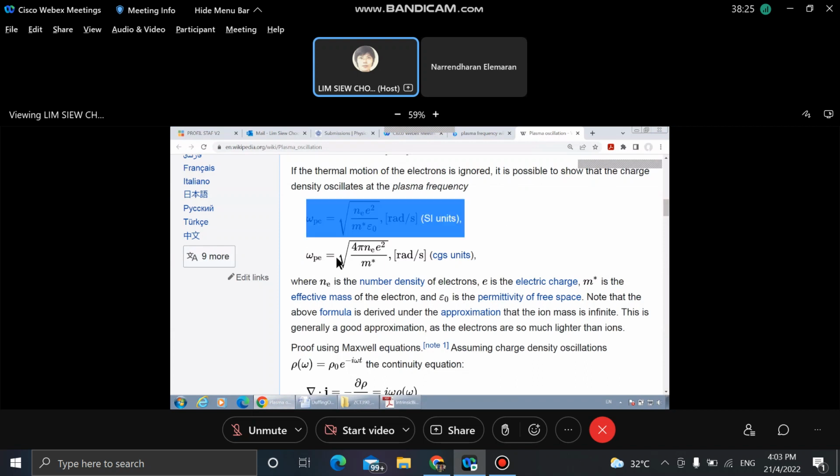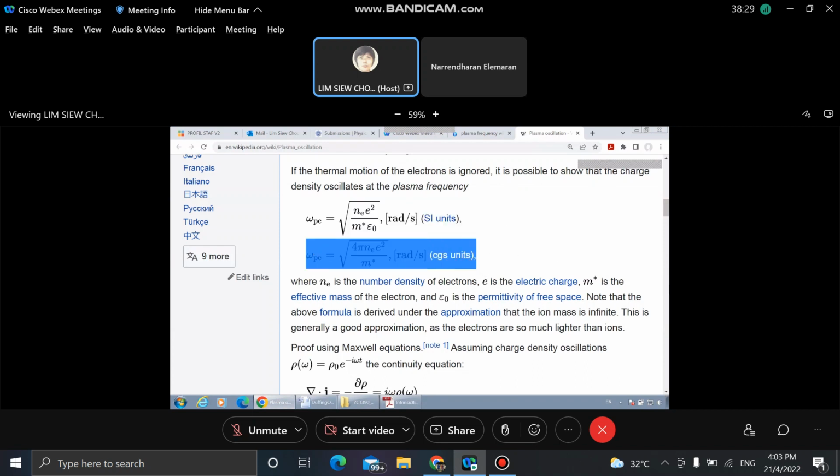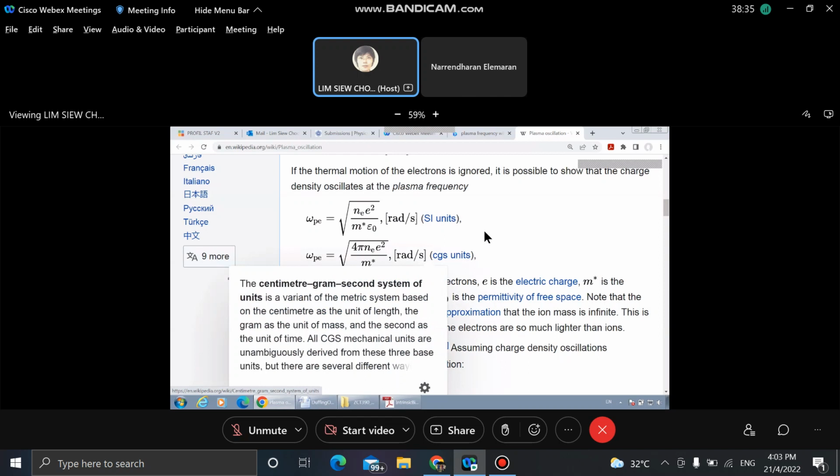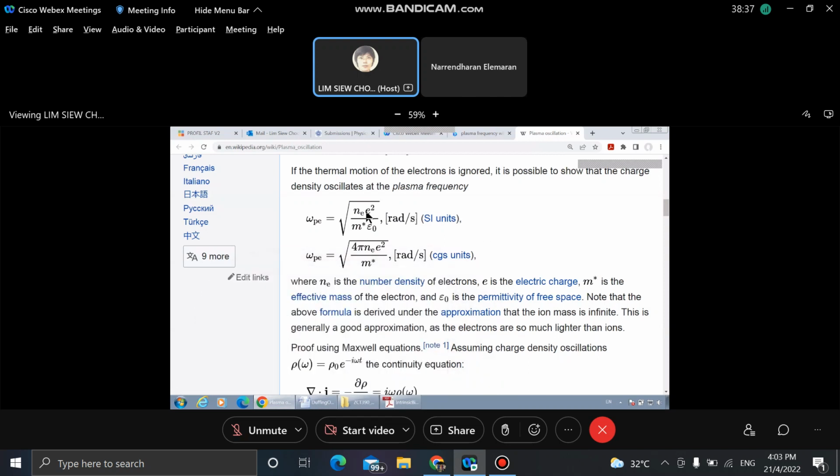So you can see this is your plasma frequency, what I highlighted in blue here. Radian per second in CGS units. The SI unit is here.